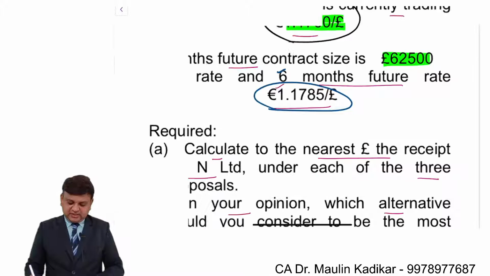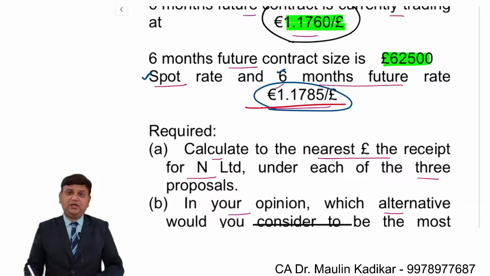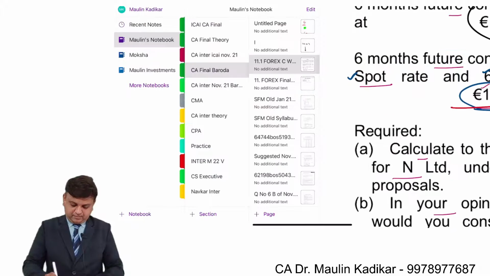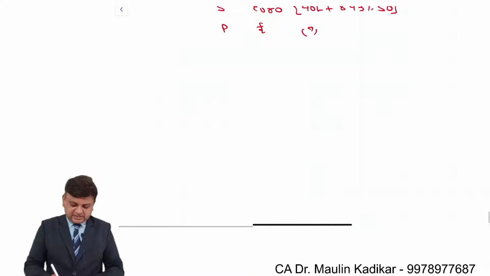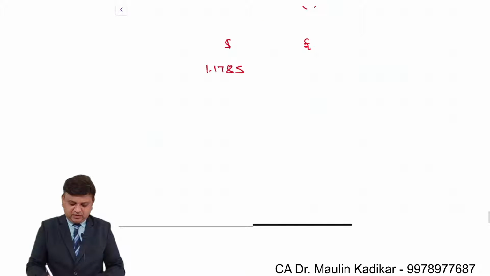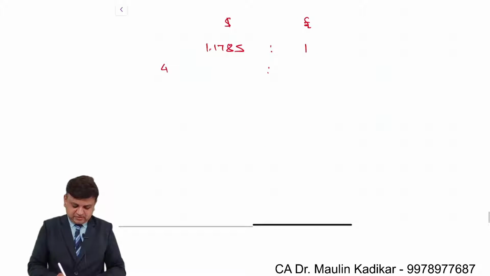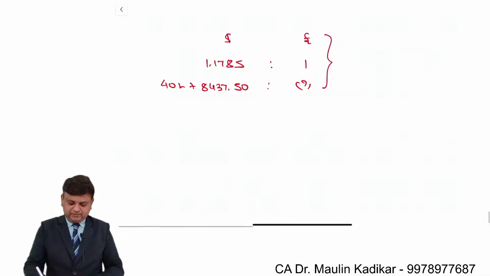Coincidentally, the spot exchange rate is equal to the futures exchange rate, 1.1785. So we understand that it is dollar pound. 1.1785 dollar is equal to 1 pound. So 40 lakhs plus 8437.5 is equal to this amount of pound. So 40 lakhs plus 8437.5 divided by 1.1785.